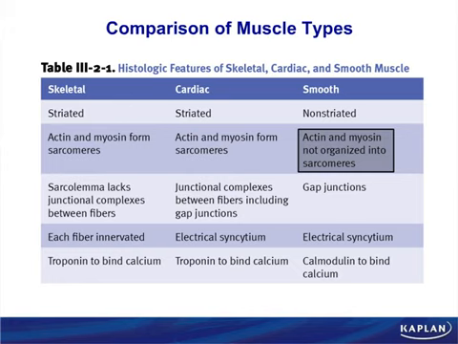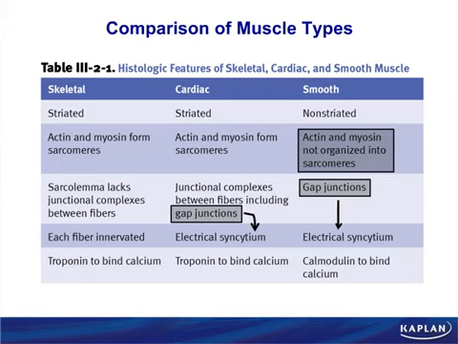Again, skeletal and cardiac are striated. Smooth is not striated. Smooth muscle is not organized into sarcomeres like it is in skeletal and cardiac. Cardiac and smooth muscles have gap junctions, which creates an electrical syncytium so they can contract in unison.